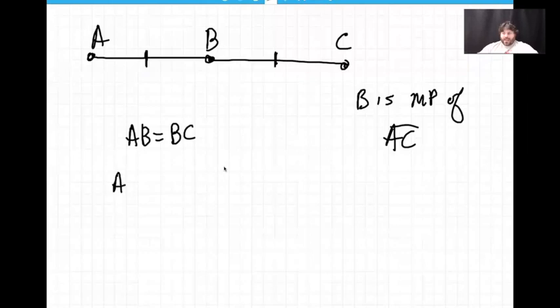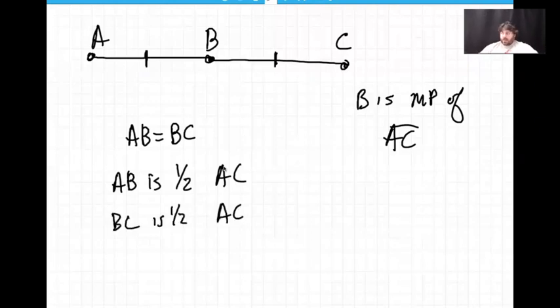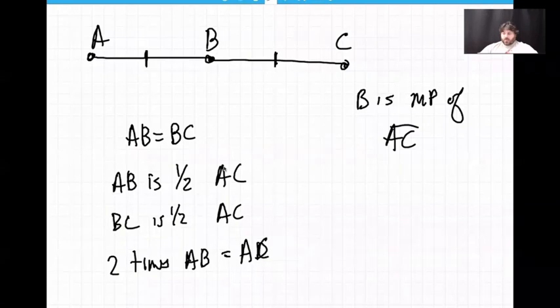I also know that AB is half of AC. I also know that BC is half of AC. I also know that 2 times AB is equal to AC. And I know that 2 times BC is equal to AC.